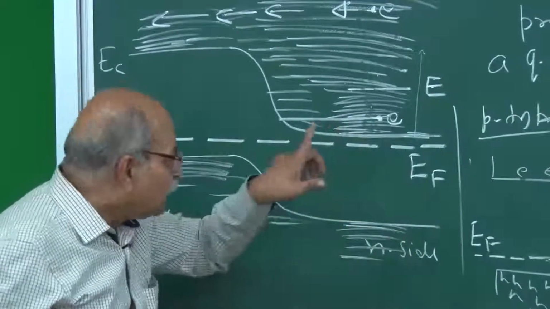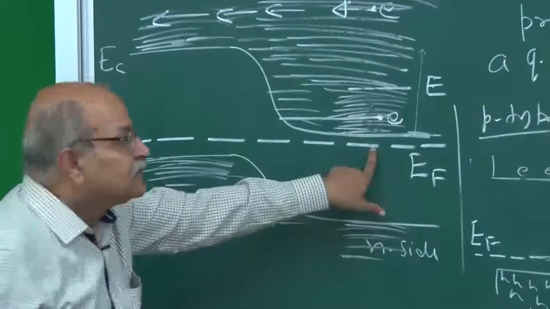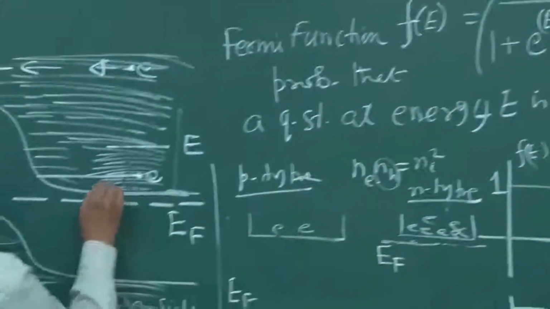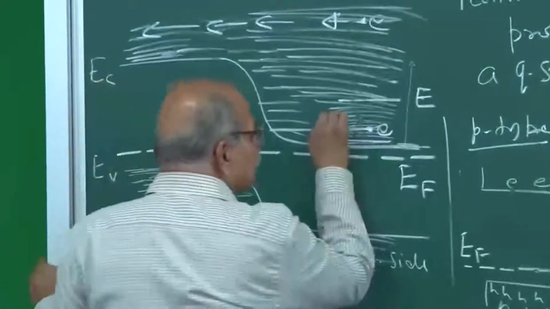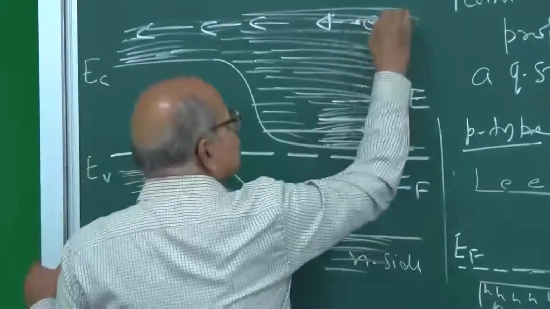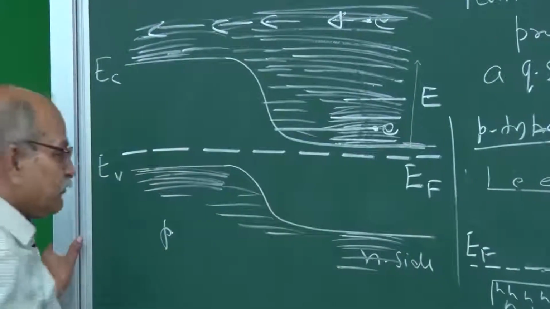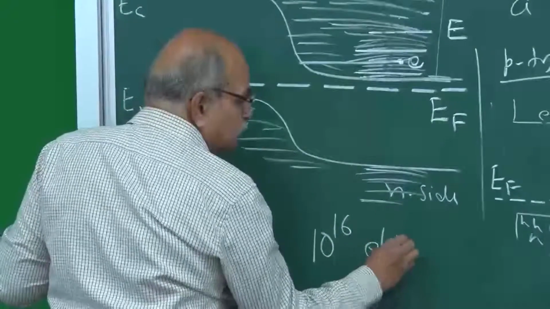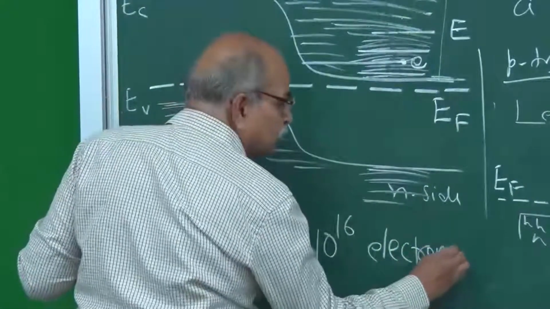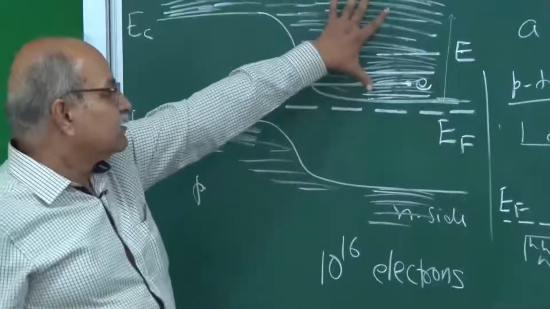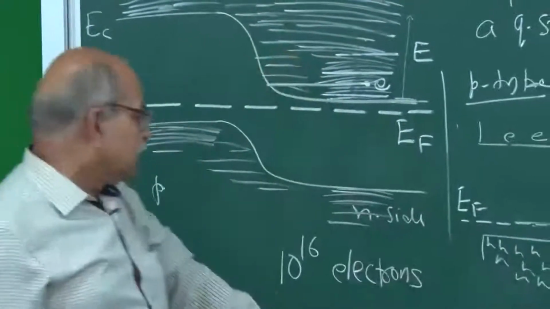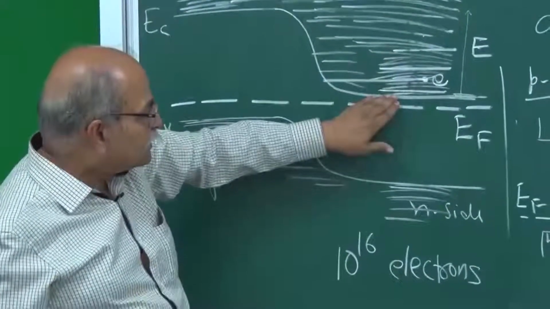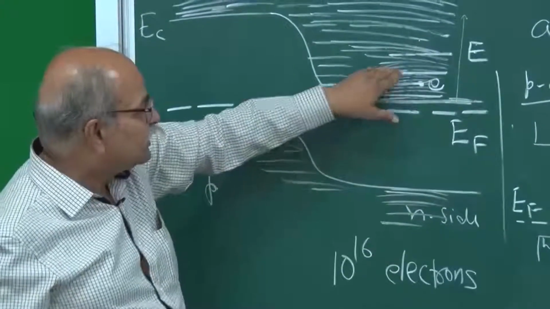Once you know this EF, you can calculate the probability of this quantum state being occupied, and this one, and this one. Say you have 10 to the power 16 electrons per centimeter cube in this band, doped, conduction electrons. How many of them will occupy this one, and this one, and so on?